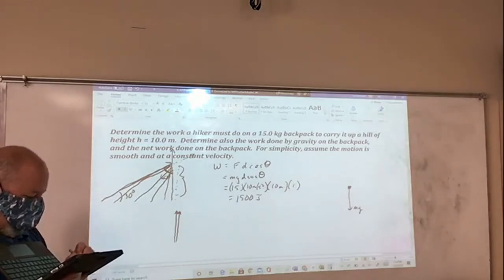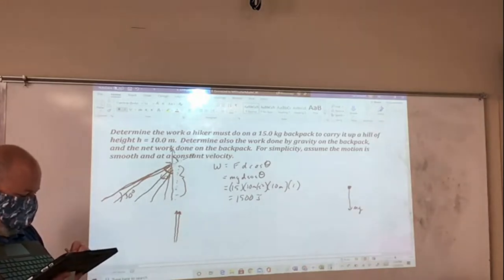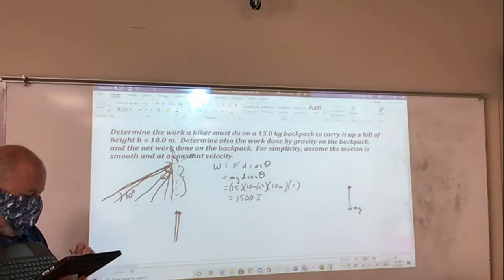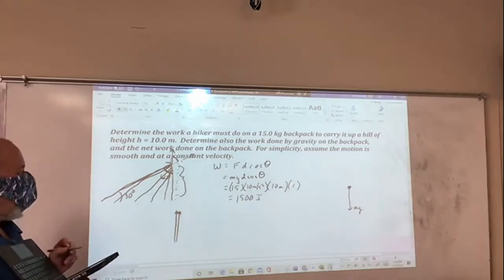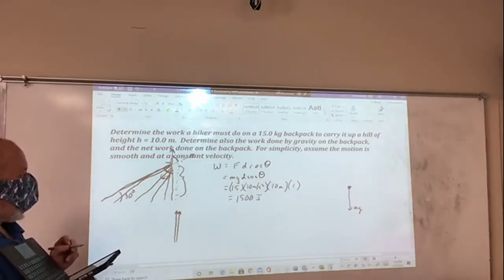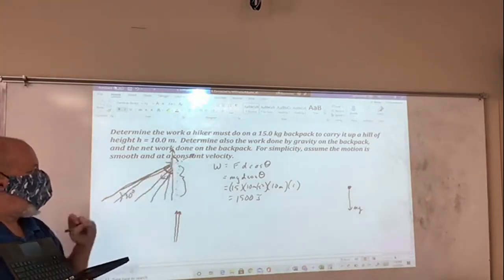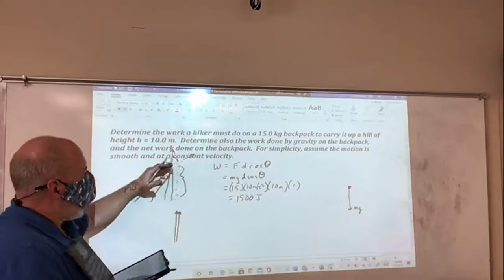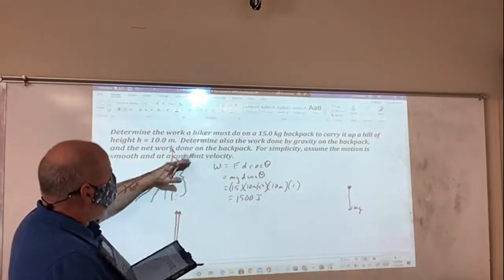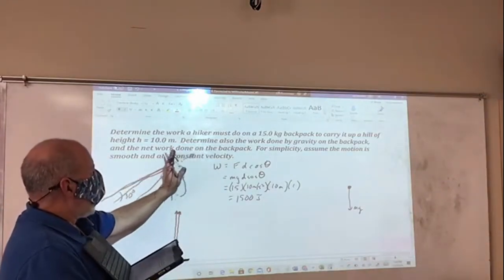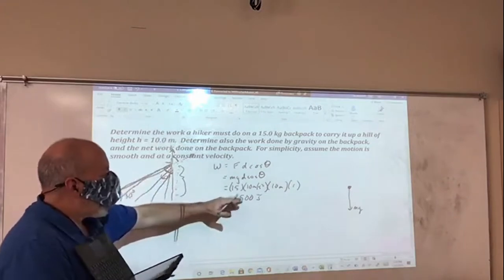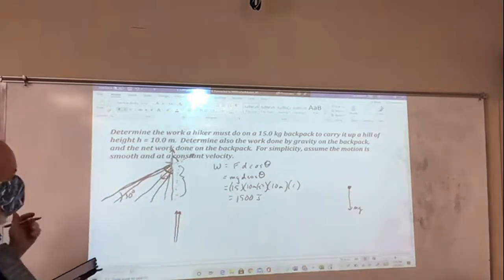So the degree of separation between my motion and my force is actually 60 degrees. It's not 30 degrees, okay, it's actually 60 degrees. Okay, so we have to be really careful about that. The direction of the force is against gravity.